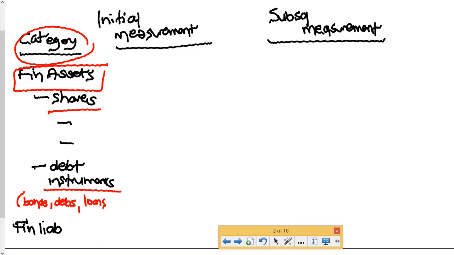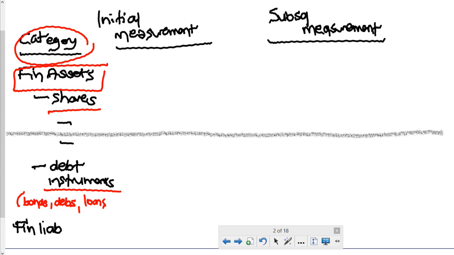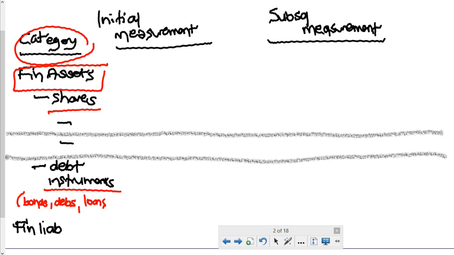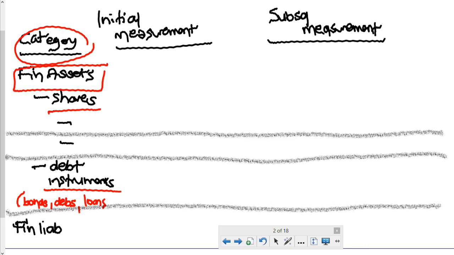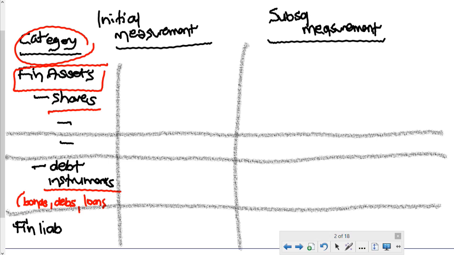So we're going to look at those kinds of shares. We're going to look at debt, and we're going to look at financial liabilities, and we're going to look at initial measurement and subsequent measurement. So we're going to have a table that looks a little bit like that.